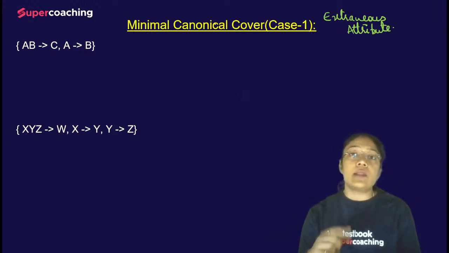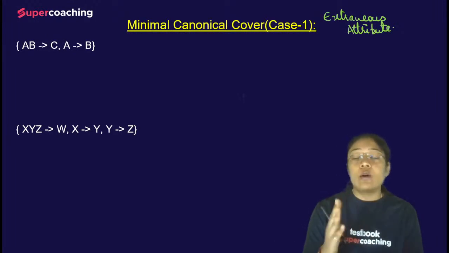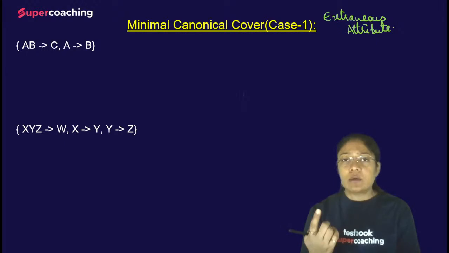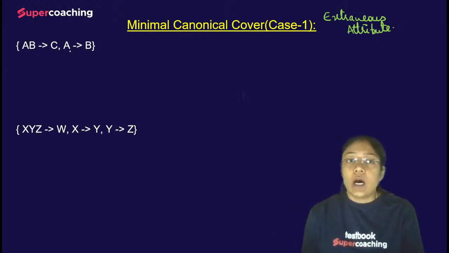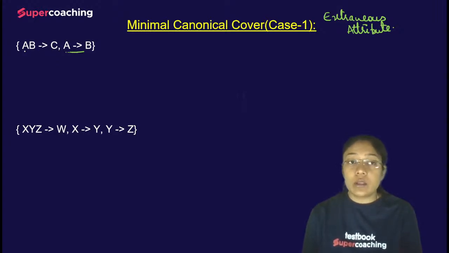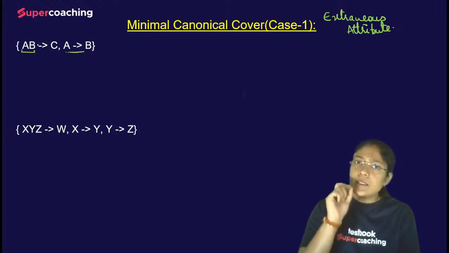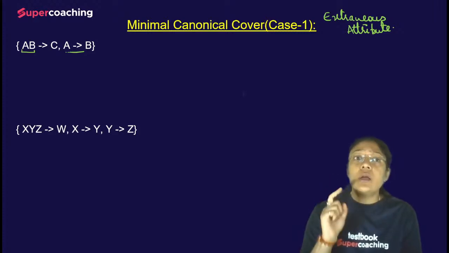When will there be an extra attribute? When there are two or more than two attributes on either side of the functional dependency. When there is only one attribute, obviously we cannot eliminate it, right? So in this dependency, there is no possibility of having the extraneous attribute because on the left hand side and right hand side, we just have a single attribute. But on the left hand side of the first functional dependency, there are two attributes. The logic is a very simple concept, listen carefully.